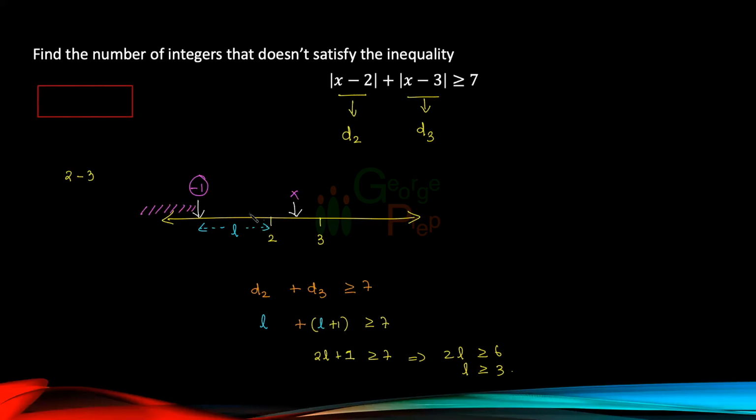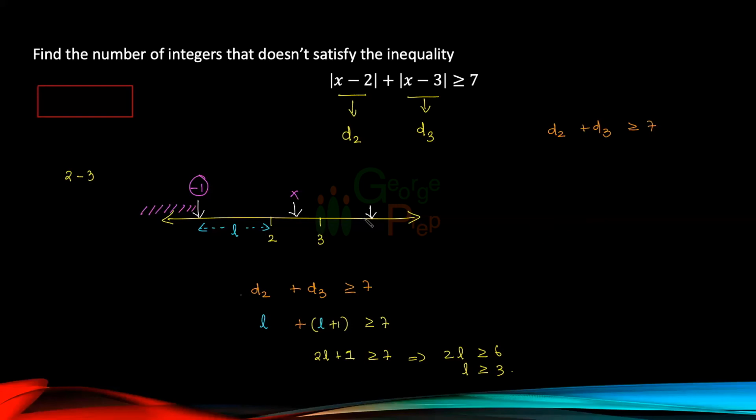Okay, now that is if I'm going to place my x to the left of 2. I can also place my x to the right of 3, right? So let's see what will happen if I place my x to the right of 3. I could place it somewhere here as well. In that case, what will happen to this equation? Let's rewrite it: d2 plus d3 greater than or equal to 7.